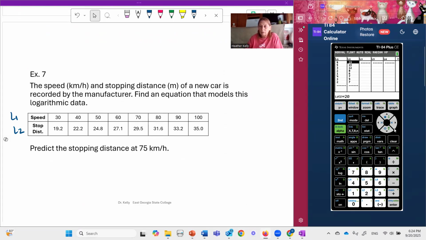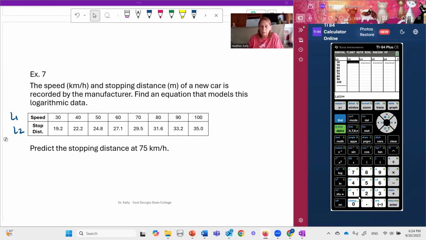We've got 30, 40, 50, 60, 70, 80, 90, good.